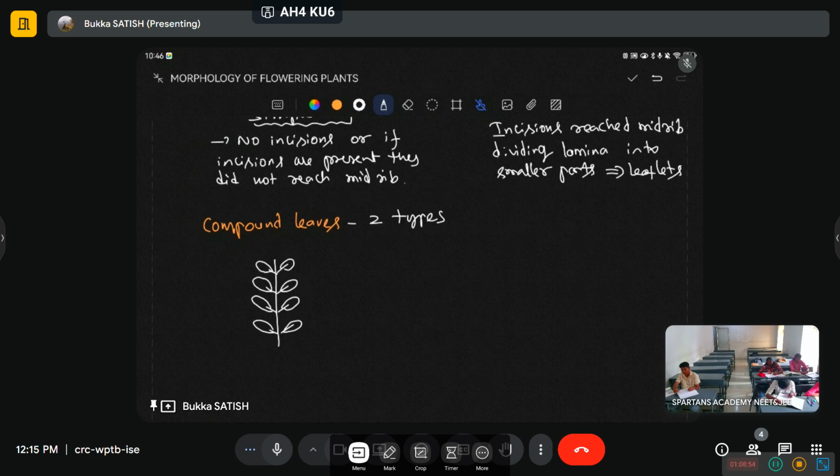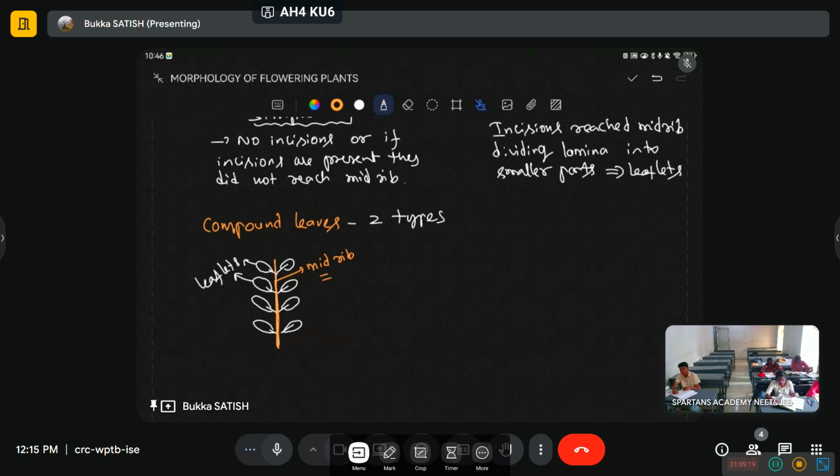And this is how the leaf is. This one is a midrib, right? So there is one common axis to which all the leaflets are attached. A common axis is what? Midrib, right?